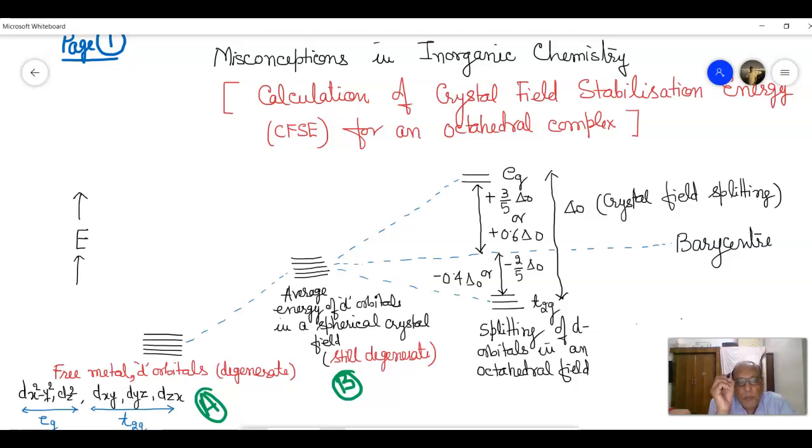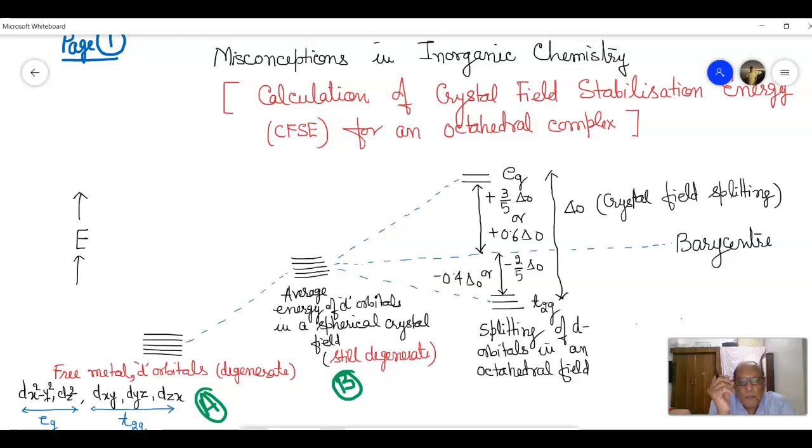Now, when these six ligands come very close to the five types of d orbitals, then on account of unequal repulsions, which Eg orbitals experience more than T2g orbitals, because Eg orbitals are just in front of the ligands as compared to T2g orbitals, this degeneracy is lost.